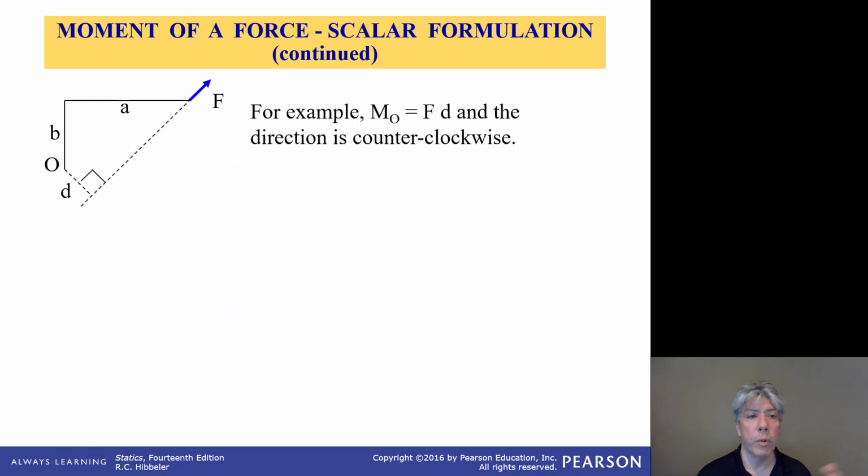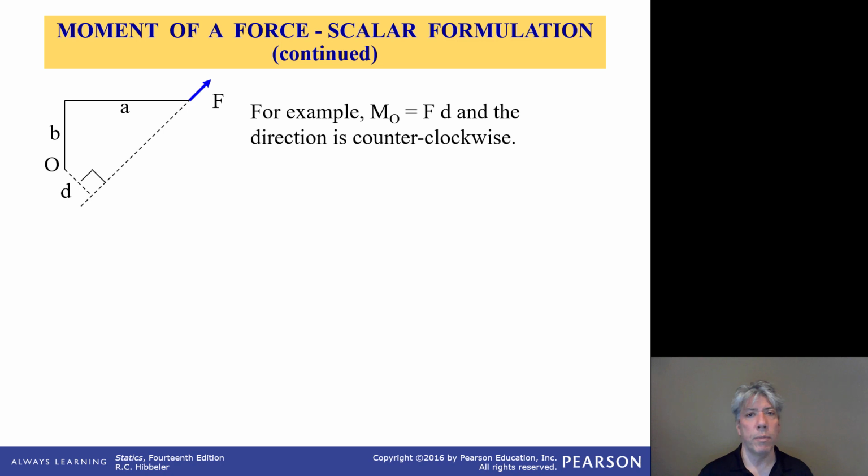Now here's an example where we have a point O, and let's say we've got some arbitrary coordinate system such that B is vertical and A, the distance A, is horizontal. So B runs along the y-axis, A runs along the x-axis, and represents the distance out to the point of application of force F. If you want to calculate the magnitude of the moment of force F about O, by the way, you can calculate the moment of a force about any point you want on a body, but it usually makes the most sense to calculate the moment of the force about some useful point.